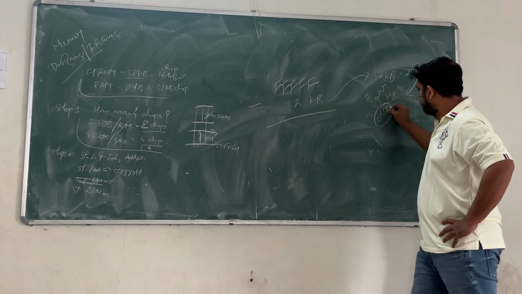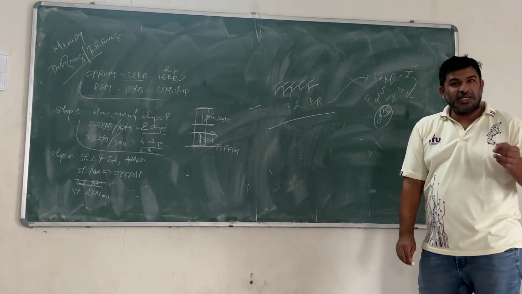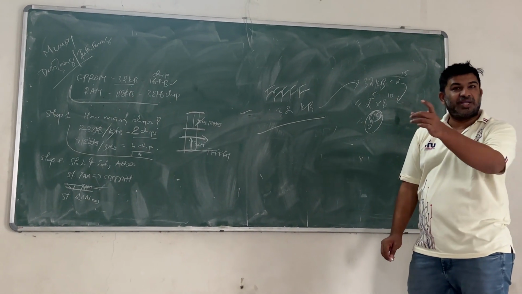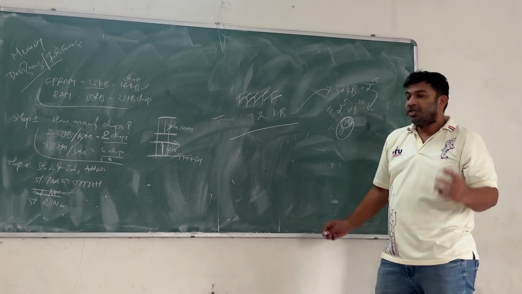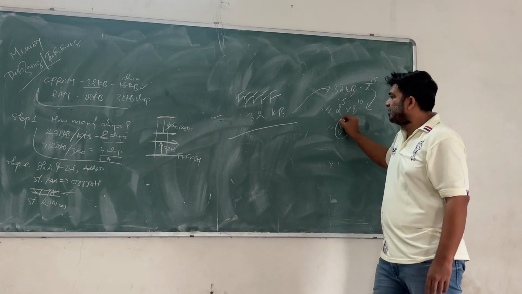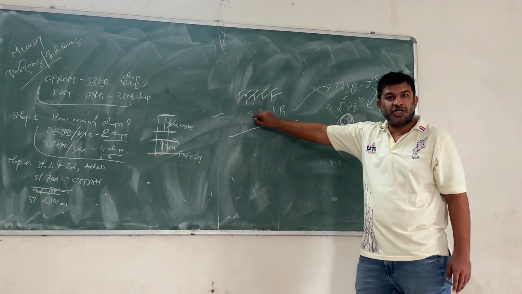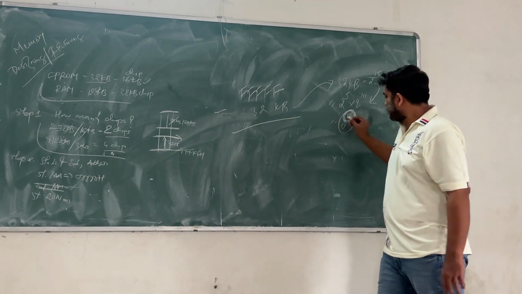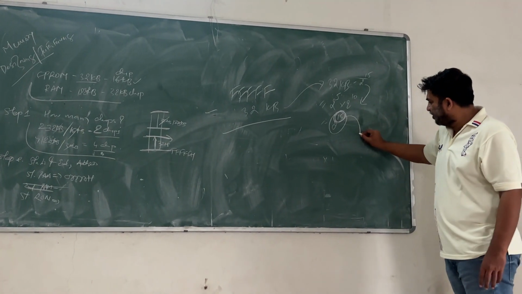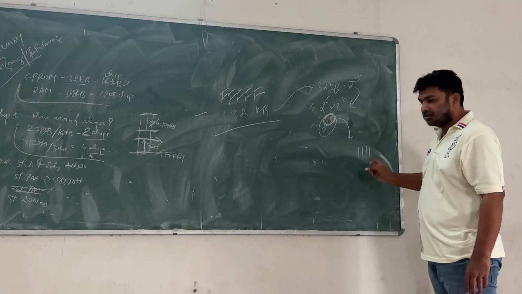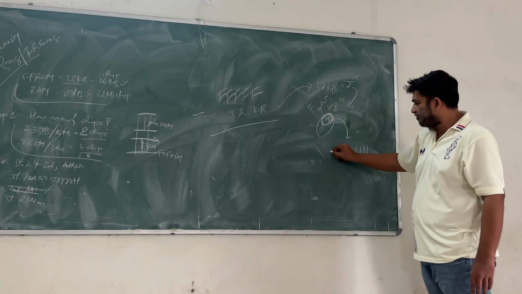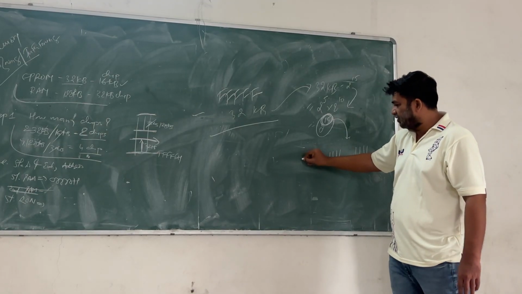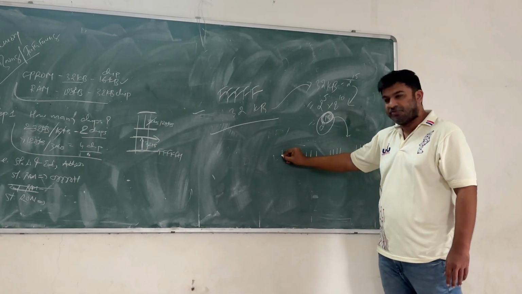We know that 2 raised to 20 is 1 MB, so that is a 20 bit address bus. That means 15 lines are needed to represent 32 KB. So write down 15 ones: 1, 2, 3, up to 15.